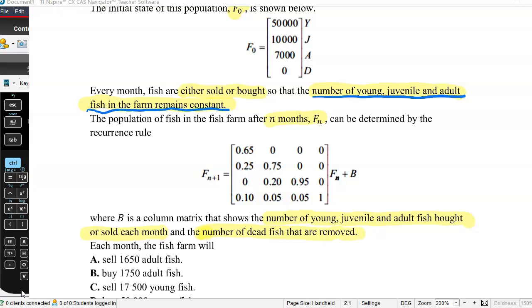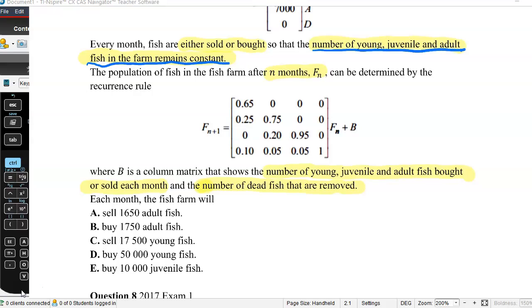So we'll be either adding fish into the system by buying them, or taking them out of the system by selling them. We'll also be removing the dead fish from the system as well.